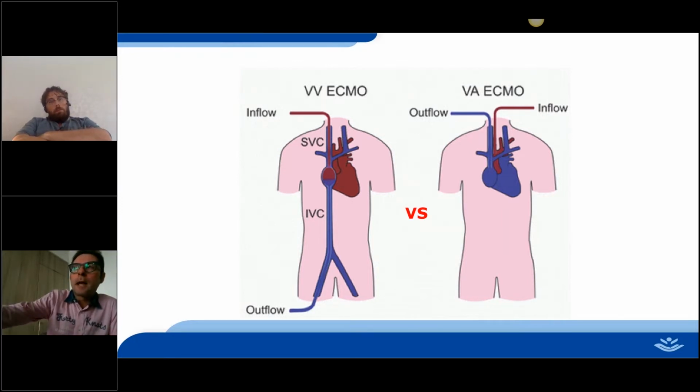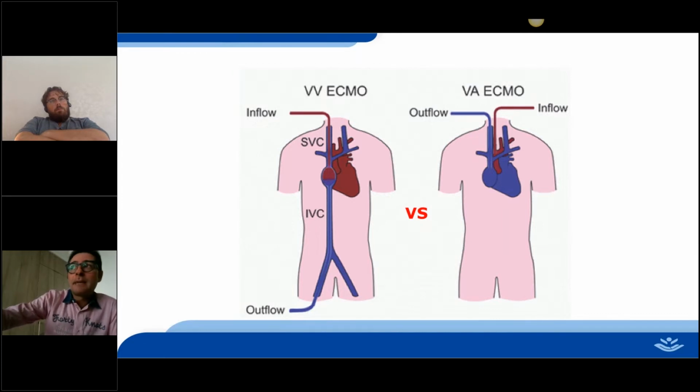But my first thought is that when we use VV ECMO, which is probably quite safe in terms of complications, we perfuse the lungs with a mixture of approximately 100% oxygen. And this is not the physiological approach that we normally have, because when we have a pneumonia, we perfuse the lung not with such a mixture of oxygen, but we have a low mixture of oxygen, and the lung is able to heal normally.